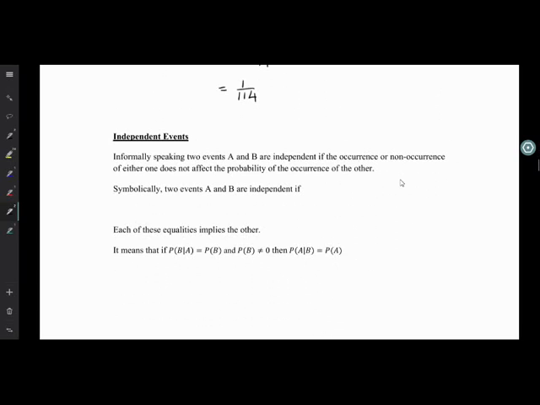We say two events A and B are independent if the probability of B given A, the conditional probability, is same as P(B). Or equivalently, the probability of A given B is same as probability of A. The explanation is the probability of B given A means the probability of event B, knowing that A has already occurred.